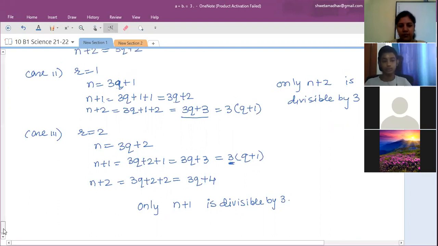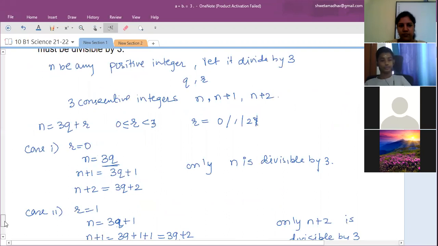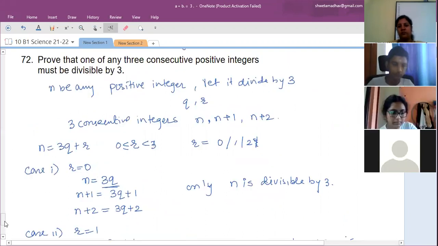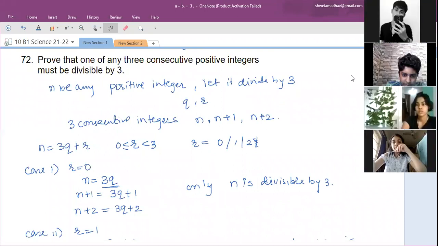Clear? Everyone able to understand? Anyone still facing problem in such questions?